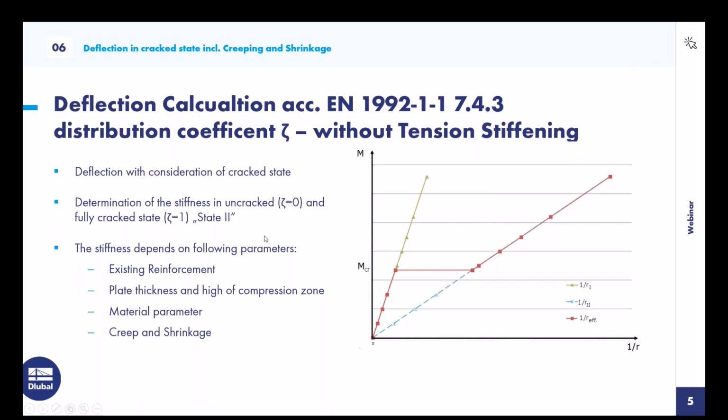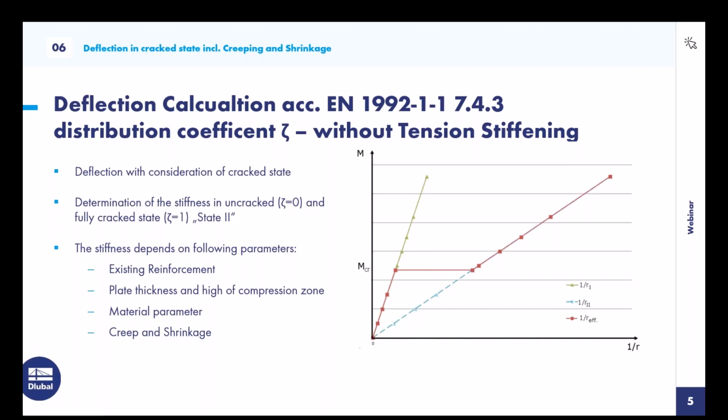The stiffness itself depends on different parameters like existing reinforcement. This is also the reason why I did some, let's say, more accurate input for the existing reinforcement. It depends also on the plate thickness, the height of the compression zone, material parameters, and of course also creep and shrinkage.